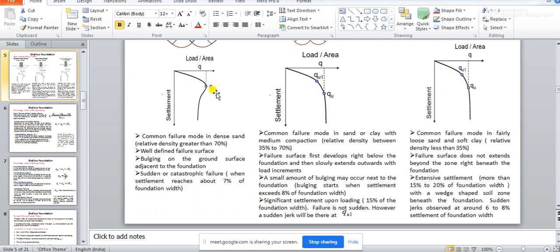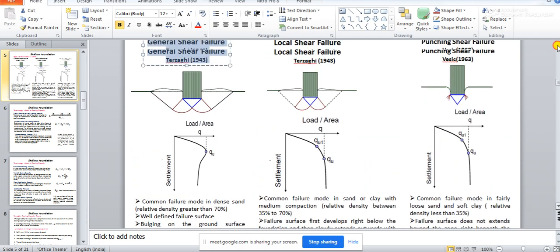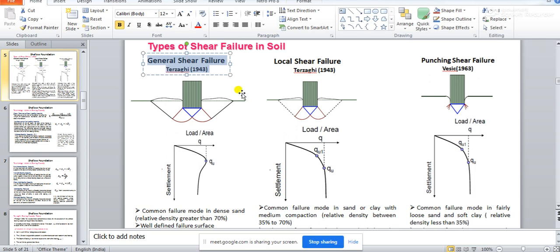And thus you can see that the failure in case of local shear failure will not be as catastrophic as the general shear failure. However, you also see another thing: general shear failure will give you some indication, because if you see the soil outside the ground is bulging, you can expect that a general shear failure may come. However, in case of local shear failure, as this bulging is not happening properly, without your understanding, the foundation may fail.